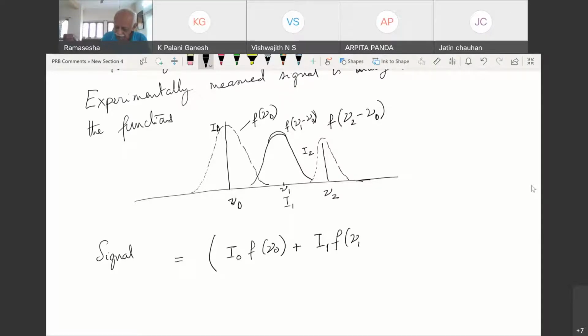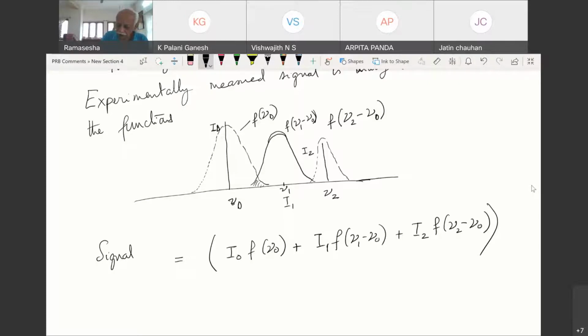Okay, so this is what we have: the input frequency is at values nu0, nu1, and nu2, and I'm taking f of nu0 to be centered around nu0, and the others are all nu1 minus nu0. So you see that the nu1 minus nu0 is actually overlapping, and this one is overlapping here. Okay, so the overlap is always to the left side.